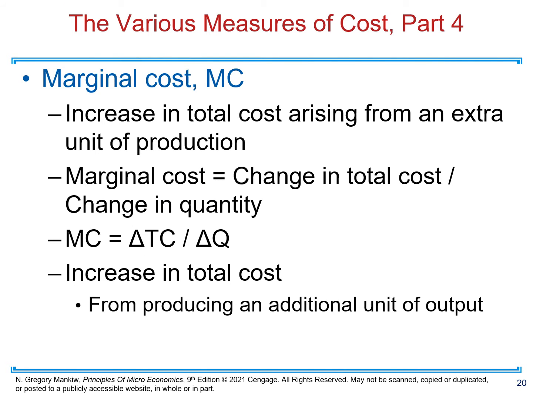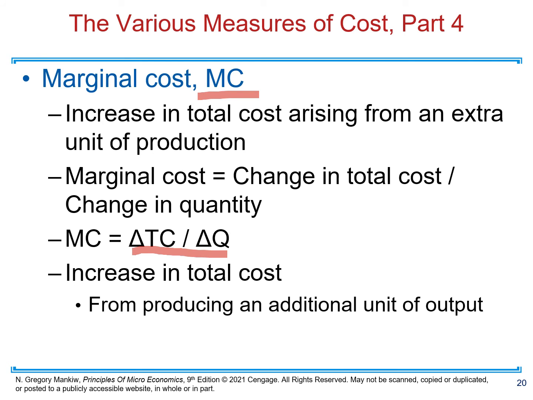How about marginal cost? Okay, what does that mean? Marginal cost is an increase in total cost arising from an extra unit of production. For those of you who are familiar with slope and algebra, that's how you can calculate it: delta, which is the Greek name for changes, in total cost divided by changes in quantity.